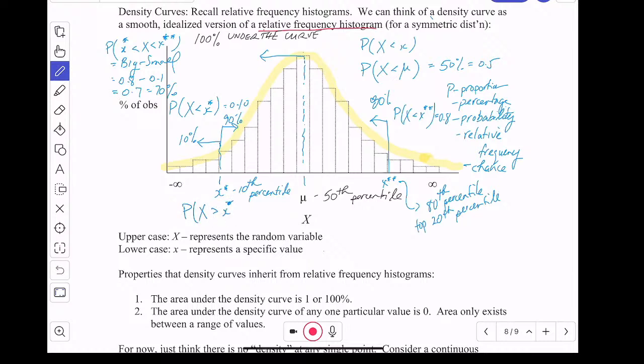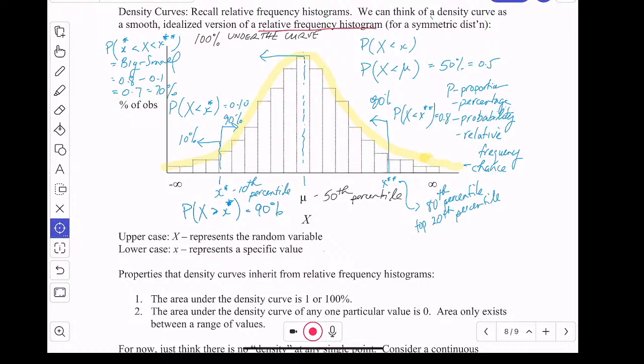I can write it like this. The area to the right of this is 90%. That's the way I would write that. So I can talk about the area in between, where I put the lower number here and the higher number here, and use these arrows going as greater than. X is greater than x star, but less than the higher one. I can talk about area to the right. I can talk about area to the left.